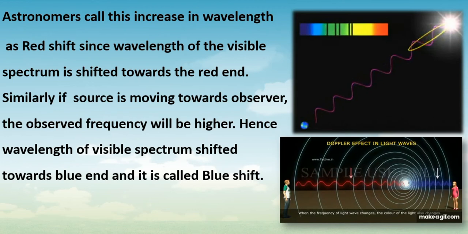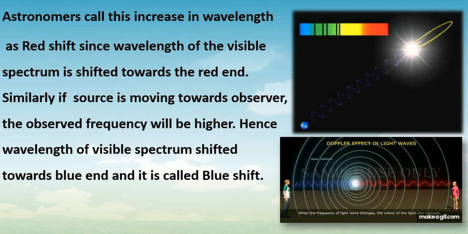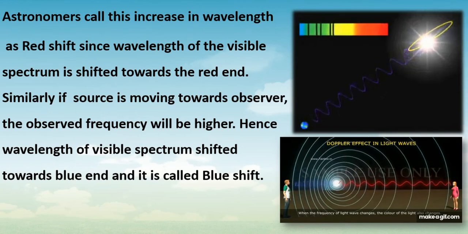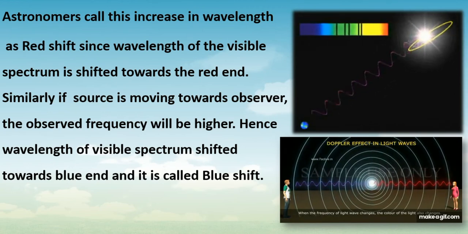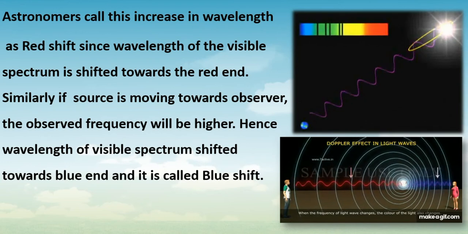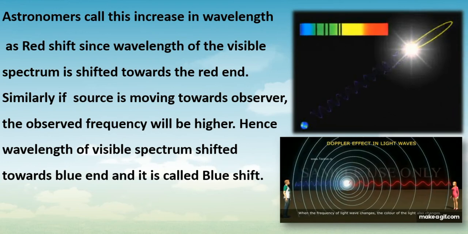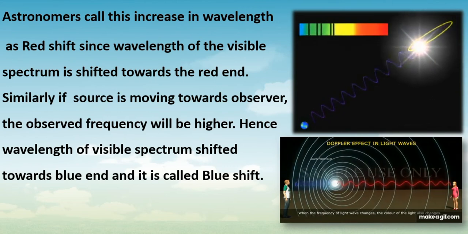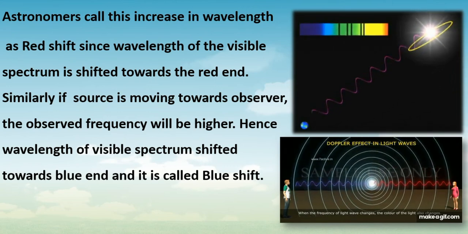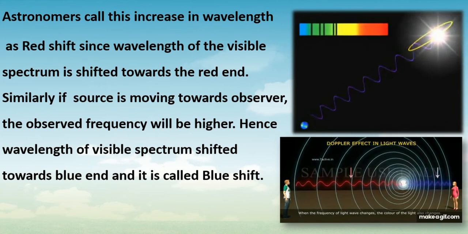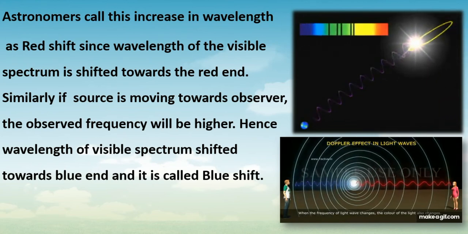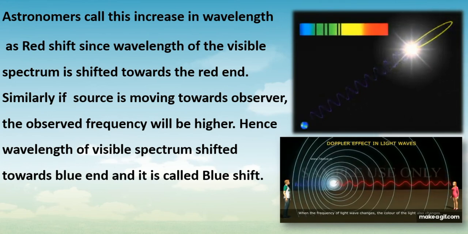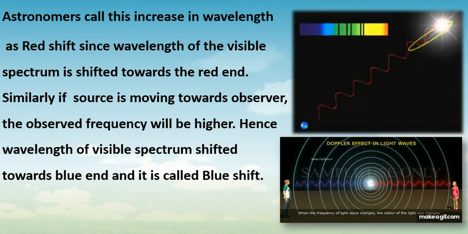You can see on the screen there is an object rotating, and it is emitting radiation, which is in the form of waves. As it approaches the earth, you can see the variation of the wavelength of the visible spectrum towards the two ends.